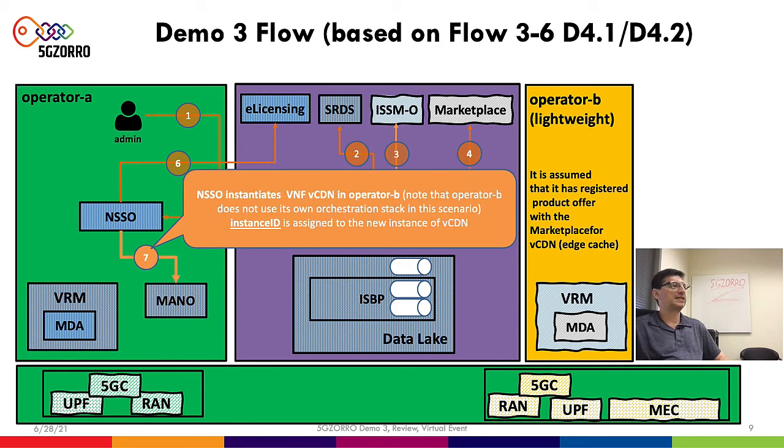NSSO instantiates a new VNF, this VCDN, in the operator B domain. Please note that the operator B doesn't use its own orchestration stack in this scenario. A new instance ID is assigned to the newly created instance of this VCDN.